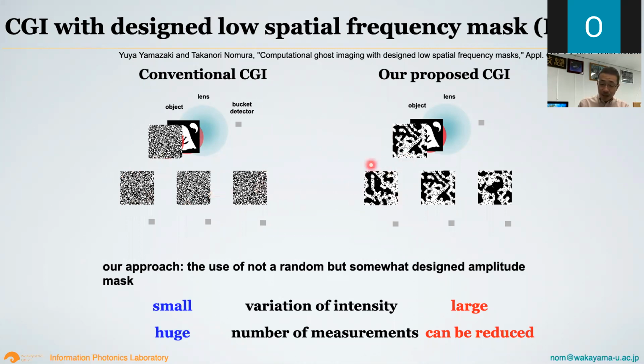This is our designed LSFM. In this case, the change of the intensity is not so significant. But in this case, the change of the intensity is significant.